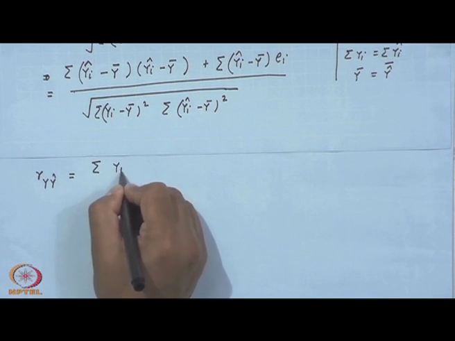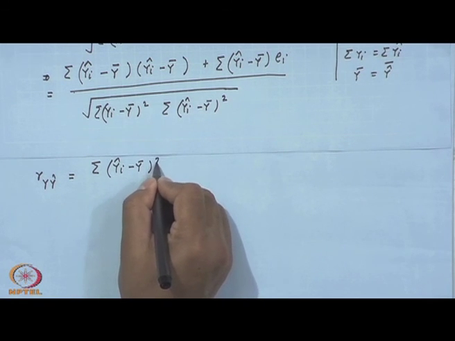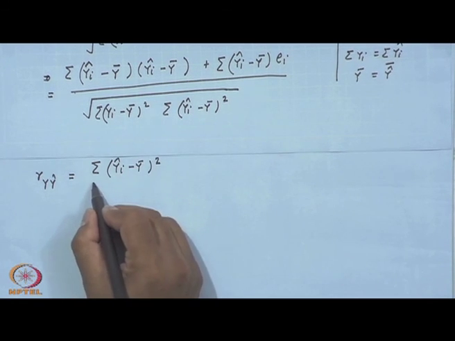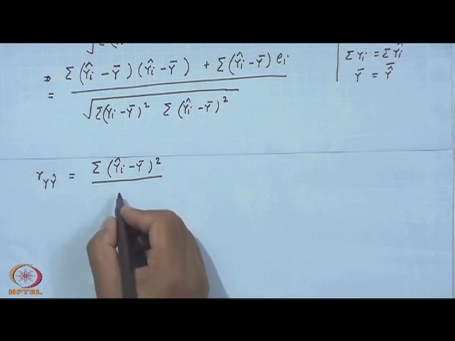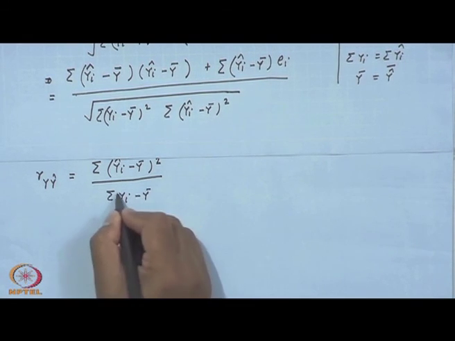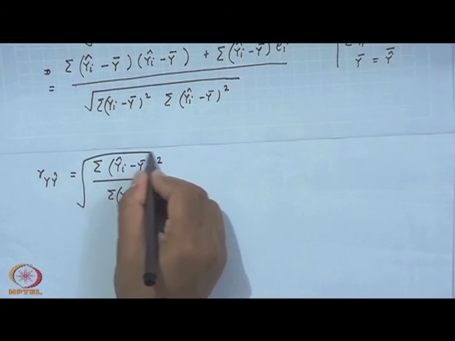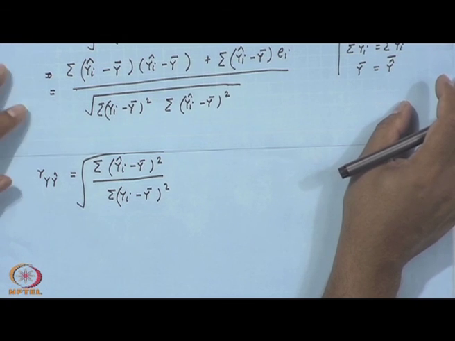the sum of (y_i hat minus y bar) squared by this. Okay. So, I can write this as summation of (y_i minus y bar) squared, and the square root of the whole thing. Is it clear?